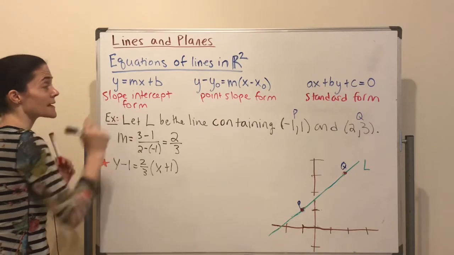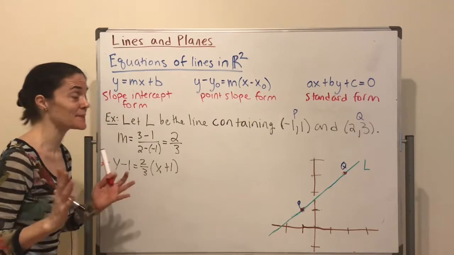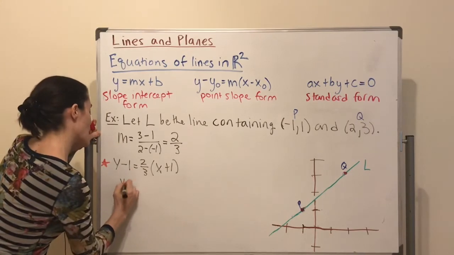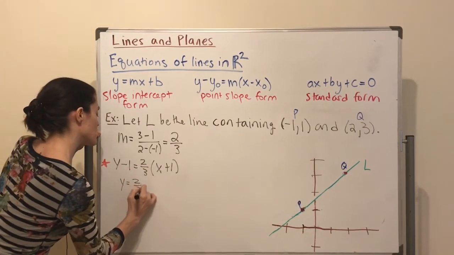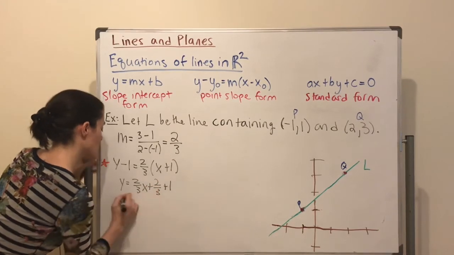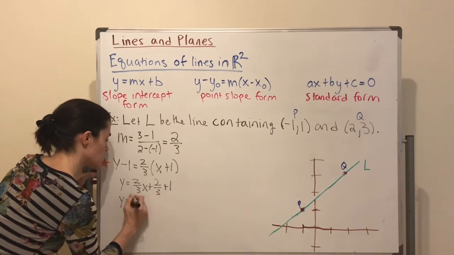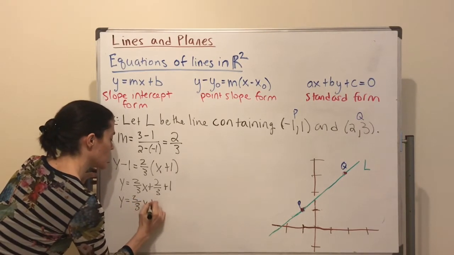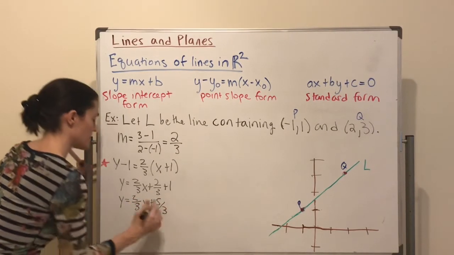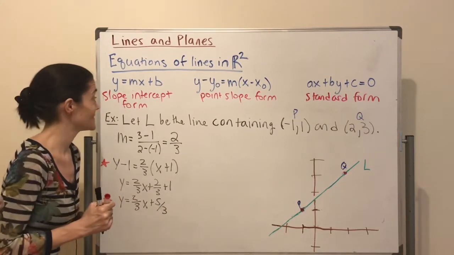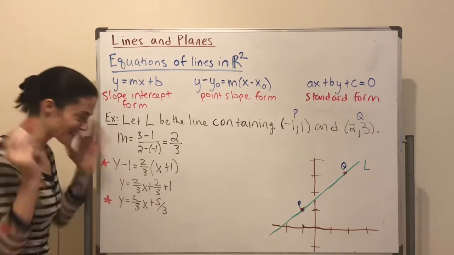From here, I can get the slope-intercept form fairly simply. I just multiply through, solve for y. I get y is 2/3 x plus 2/3 plus 1, or y is 2/3 x plus 5/3. Here is the second form for this equation of the line.